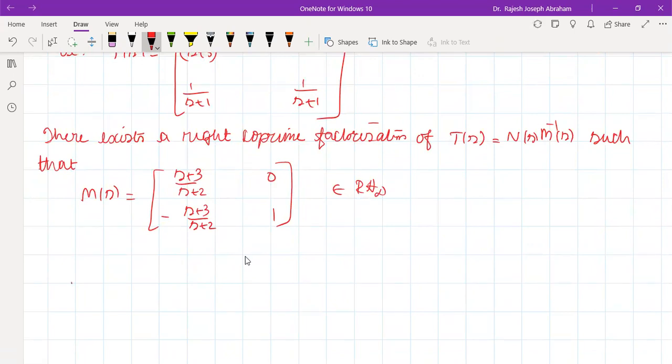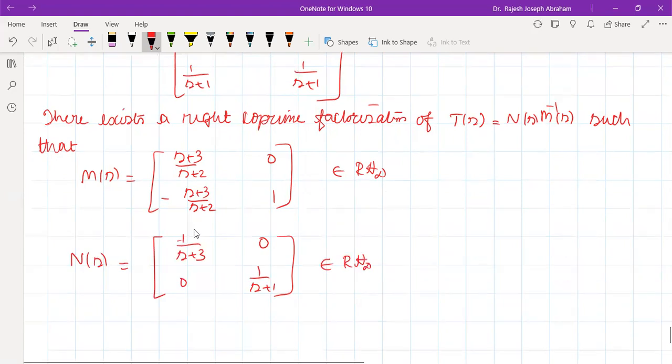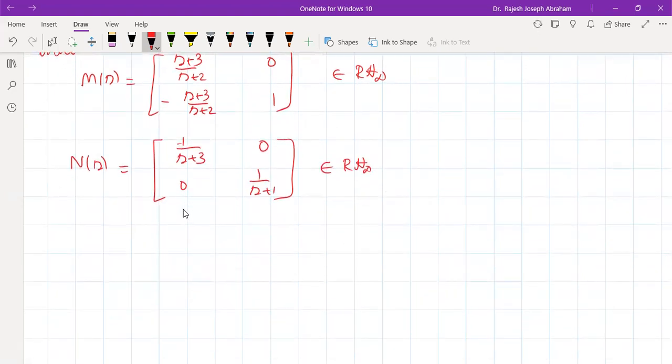And you can have another possible numerator like this: 1 by S plus 3, 0, 0, 1 by S plus 1. Where are the poles here? They are again in the left half of the S plane, so they also belong to the stable proper rational transfer function matrices. Now you check whether you can find what your X hat and Y hat are. What's the identity?